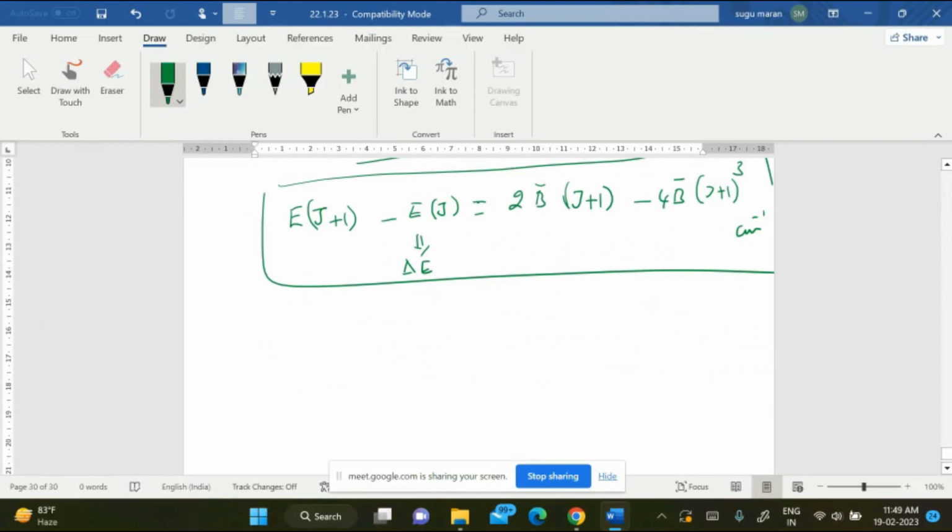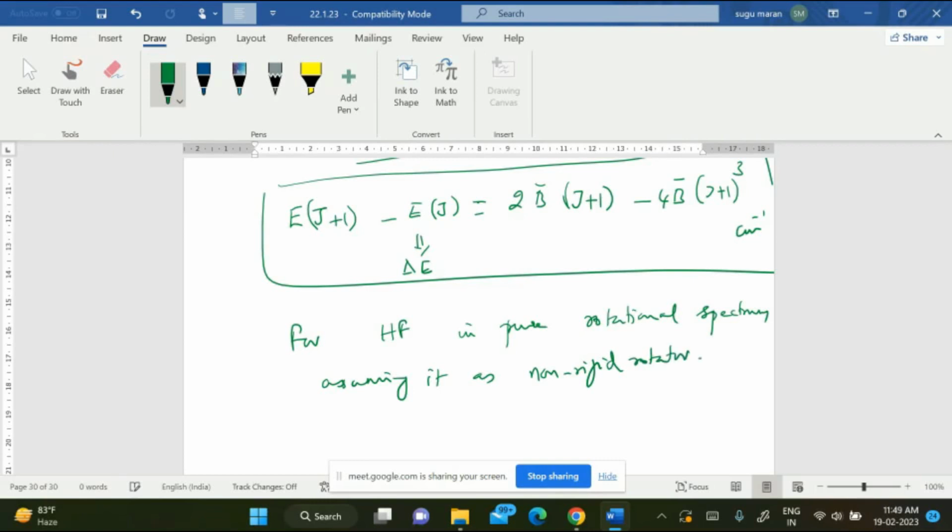And suppose, for example, we do the problem for HF: the pure rotational spectrum for HF, assuming it as a non-rigid rotator, right?